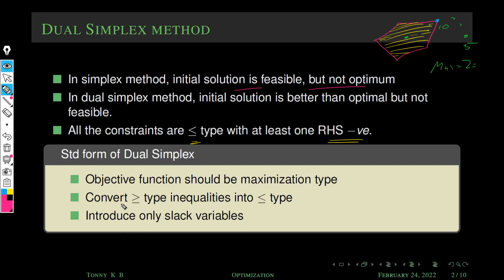How to convert minimization to maximization? Suppose our problem is minimize z, then we convert it to maximize z star, which is equal to minus z. We also know that the minimum of z is equal to minus the maximum of z star.